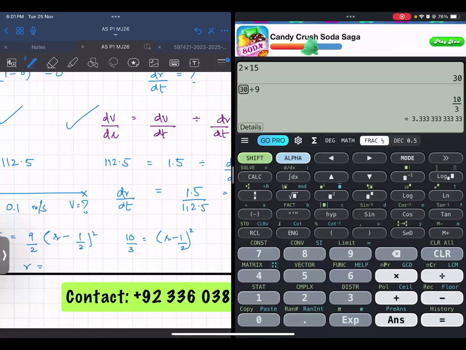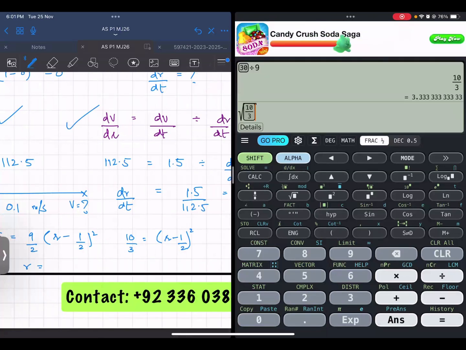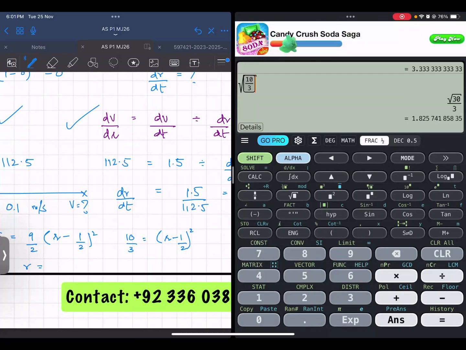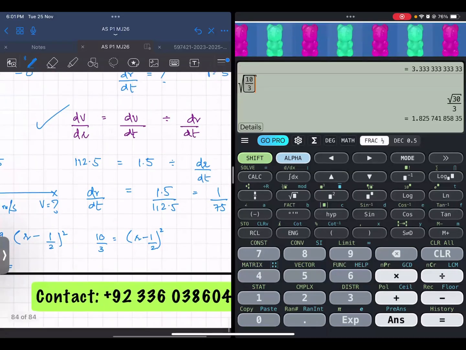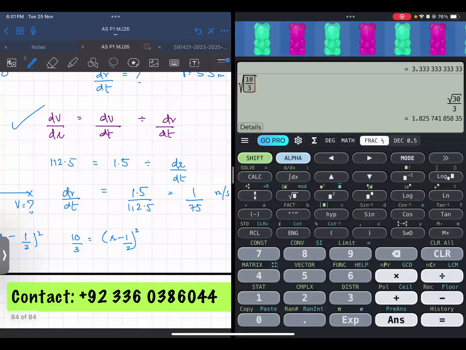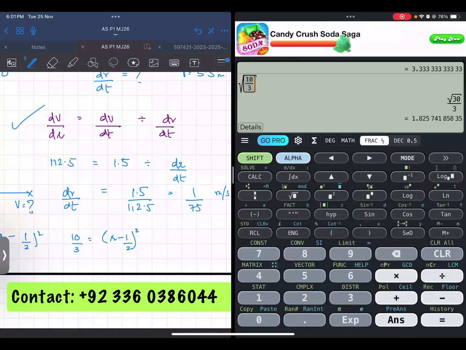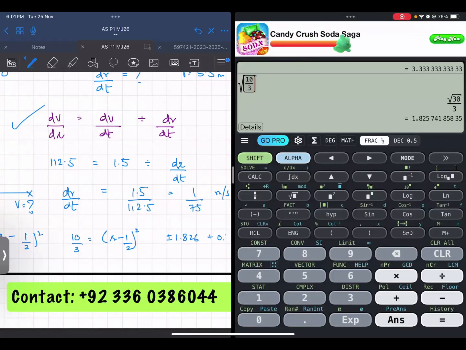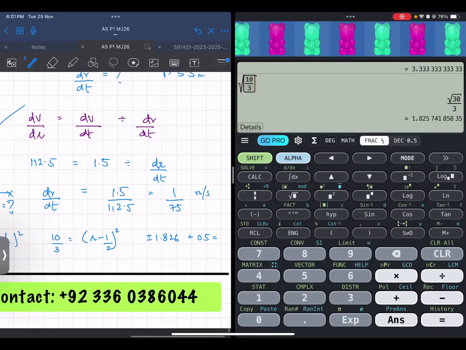So it will become square root of 10 upon 3, which is 1.826 something, plus minus 1.826, and plus half is equal to the radius.